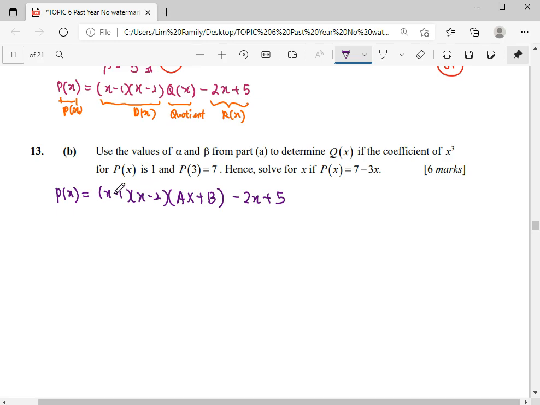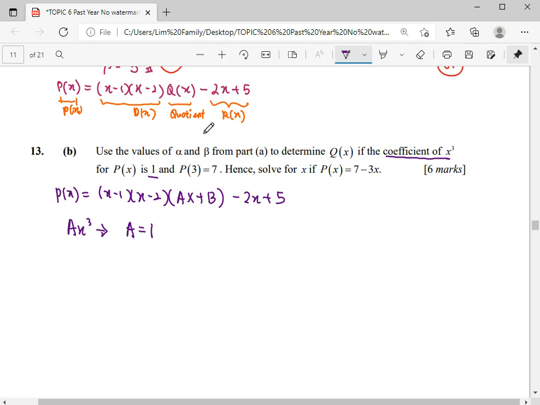When we expand, it will be x times ax, so ax cubed, and the coefficient of x cubed is 1. This implies that a equals 1.